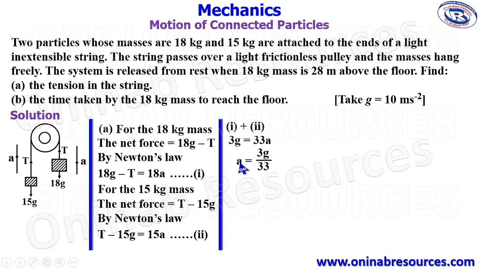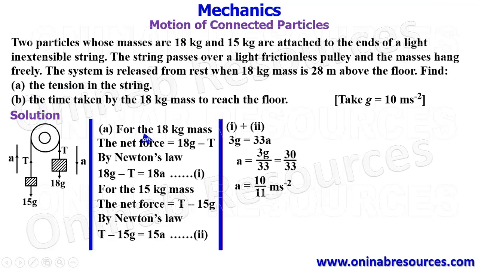Since we are to use g equal to 10 meters per second squared, we substitute so that a will be 30 over 33. In the simplest form, we have the acceleration to be 10 over 11 meters per second squared. And that is the acceleration.